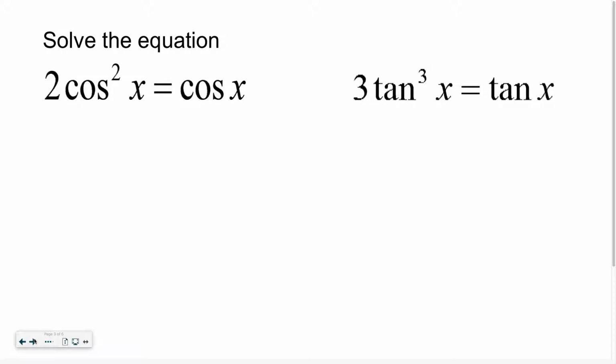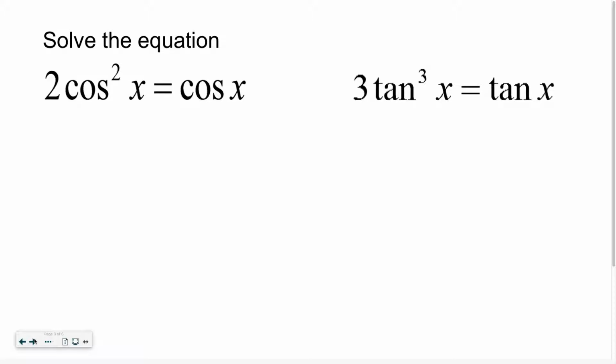No matter how hard I try, I'm never going to get those 2 cosines to add or subtract together. So in a case where I have a cosine squared and a cosine, I'm going to have to factor. In order to factor, one side of your equation has to be equal to what? 0.